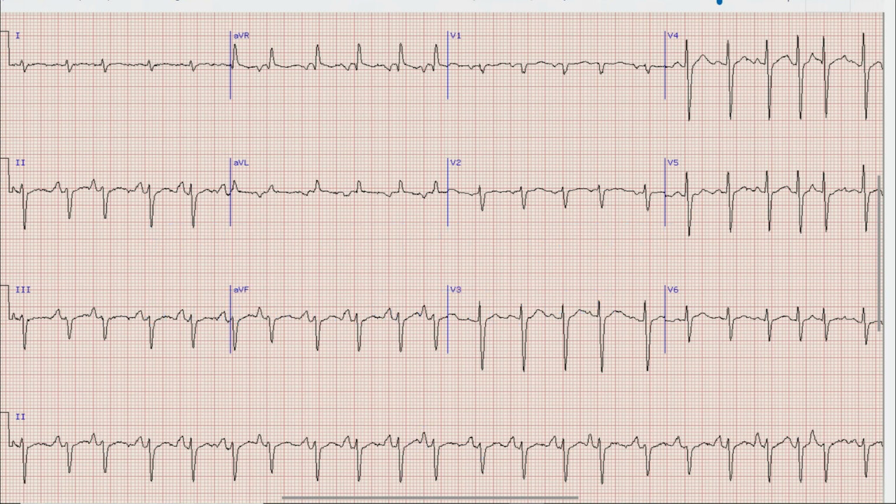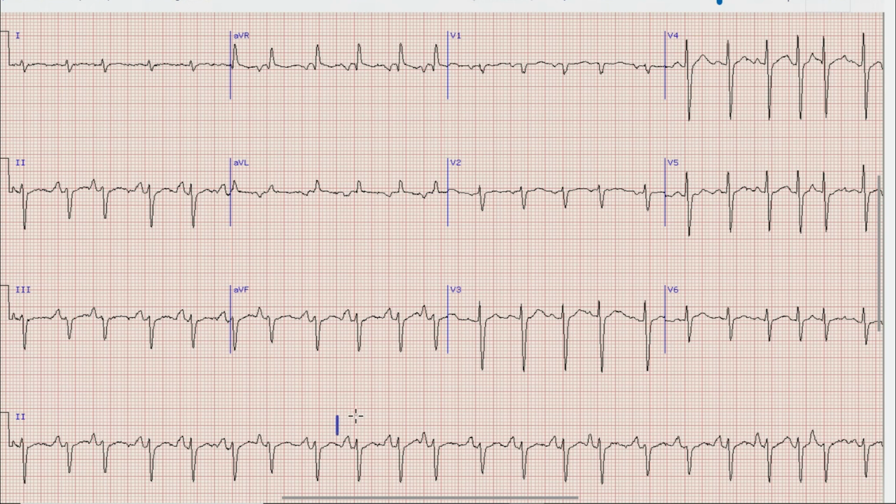Now the next step in ECG interpretation is finding the heart rate on ECG. For this we will select two QRS complexes with normal P wave morphology. As you can see, this is a QRS complex which lies on broad vertical line.